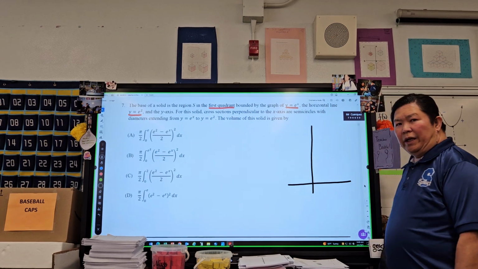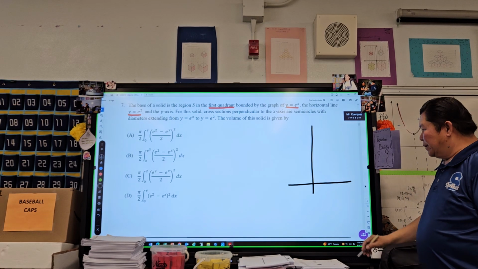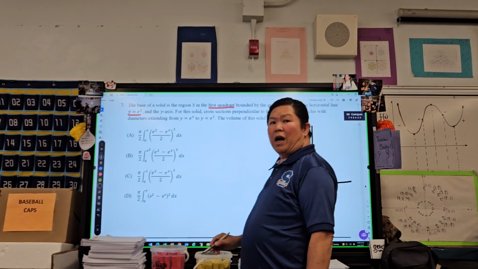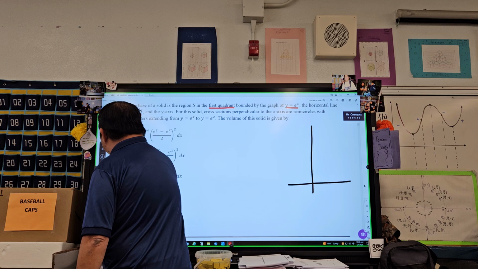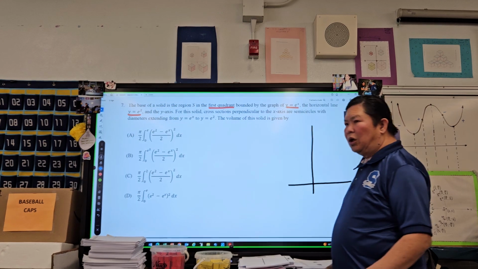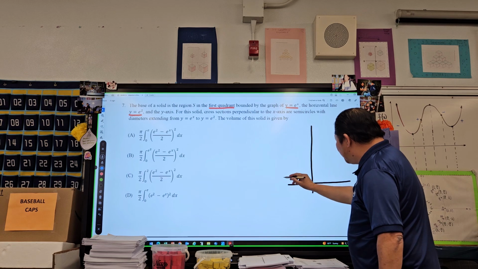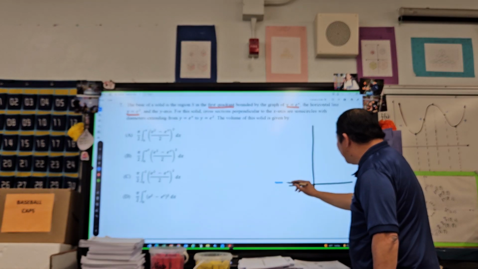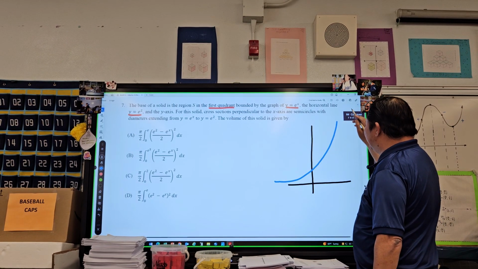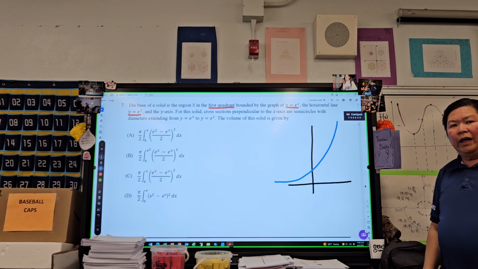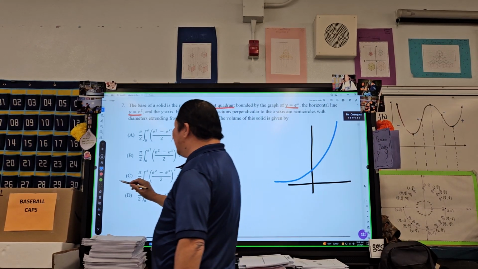So e to the power of x, it's an exponential graph. Okay. So I'm gonna use blue color for this graph. Exponential, that means coming from here and then goes up, right? Exponential. And then there is a horizontal line.